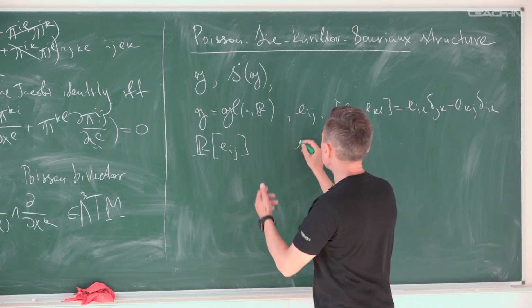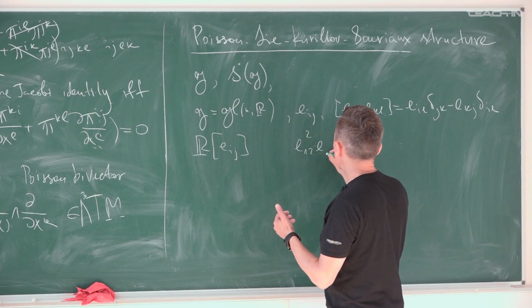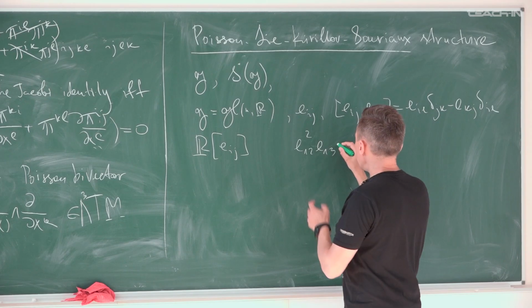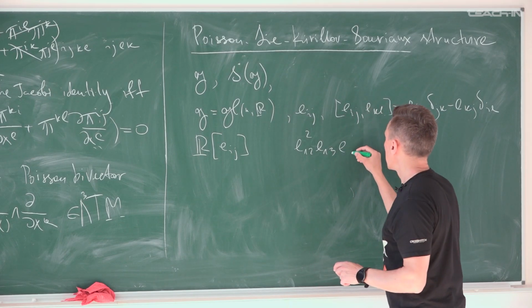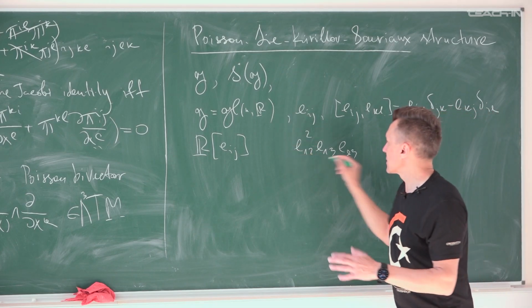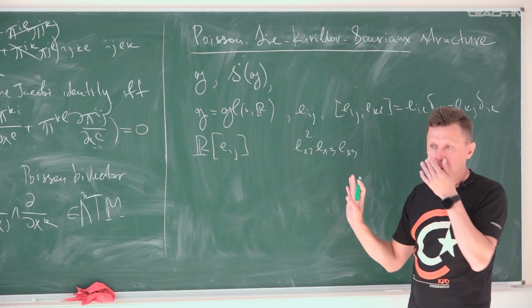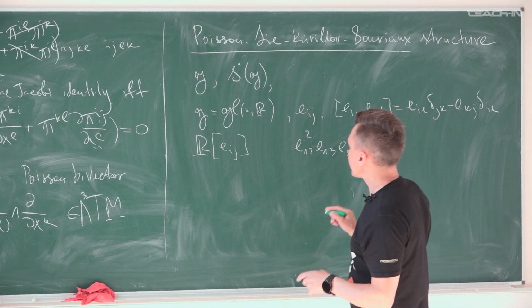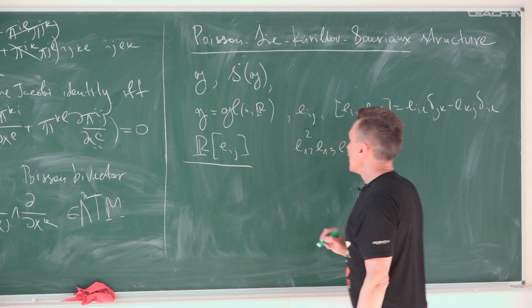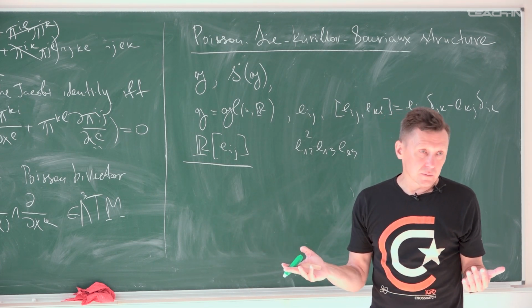It means that I can write E_12 squared multiplied by E_13, E_23, something like this, and the sum of monomials of this type. Just commutative polynomials. So this ring is a commutative algebra. We can multiply polynomials.